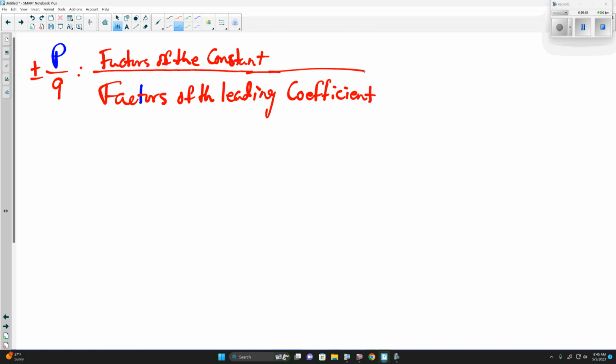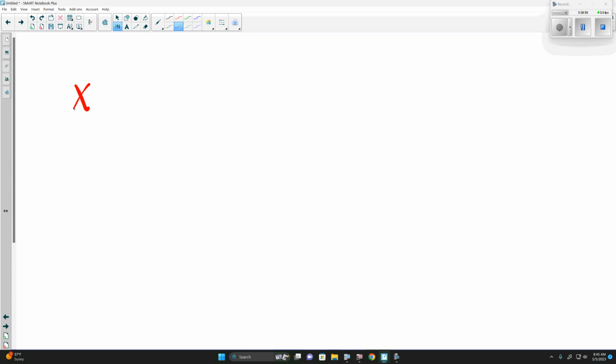Matrices. I don't think I have to say too much on matrices. We feel comfortable with those. And lastly, Cramer's rule. When we find x, it is equal to the determinant of this here.